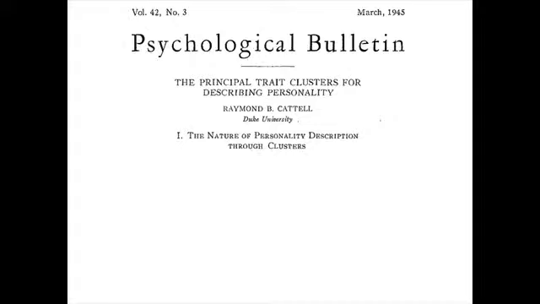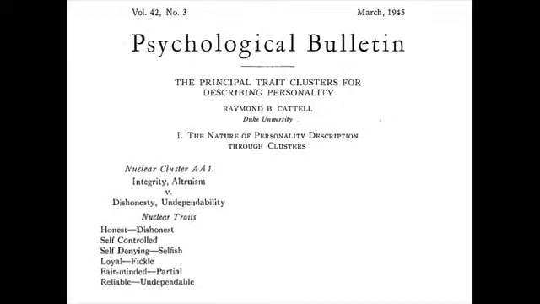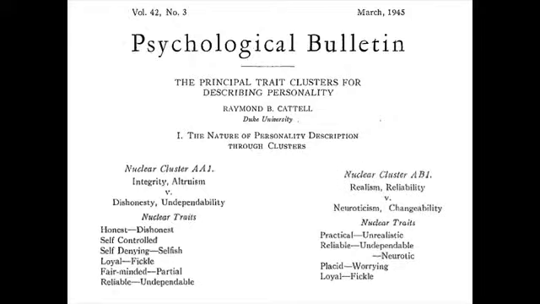In work published in 1946, he gave a number of examples of these clusters. One he labeled as integrity and altruism versus dishonesty and undependability. He labeled another as realism and reliability versus neuroticism and changeability. While his initial work in the 1940s identified 50 personality clusters, by the 1970s he had narrowed these down to 16.